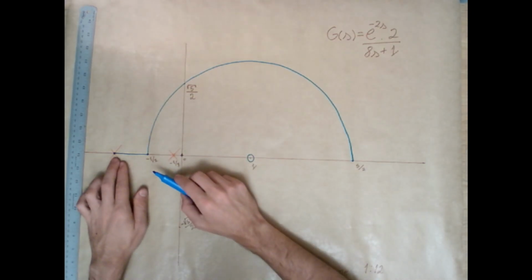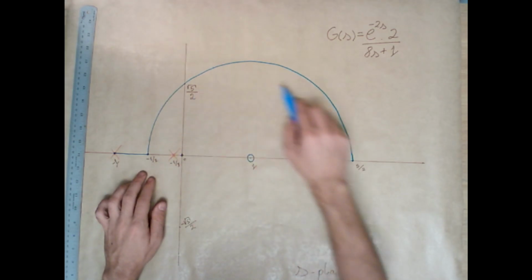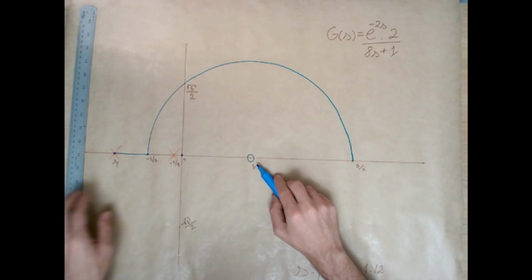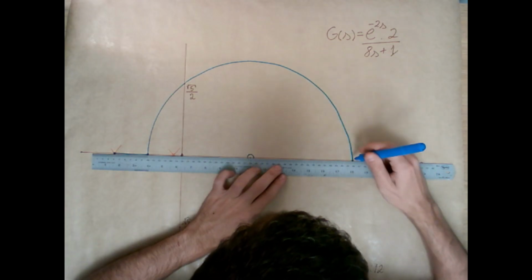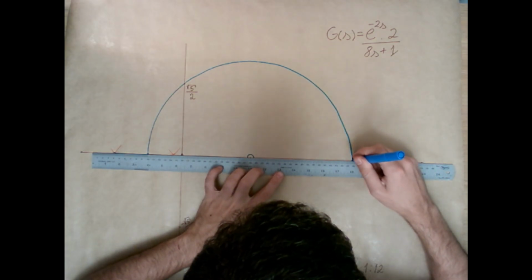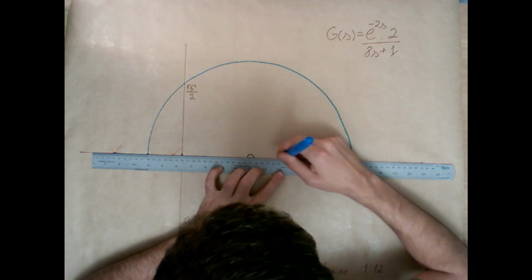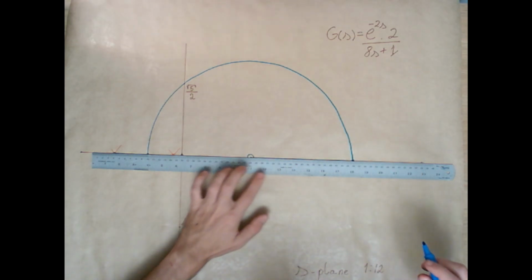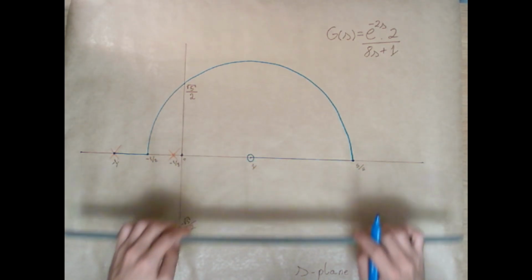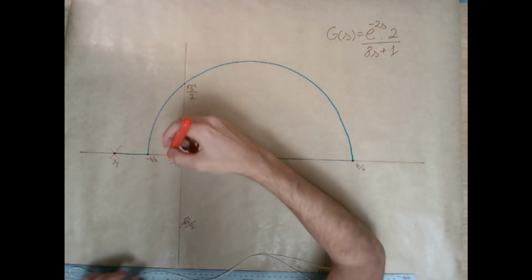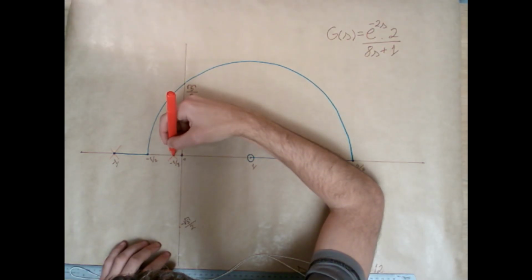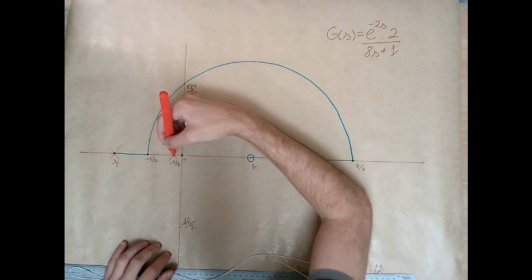Since this branch started at the outermost pole, it's gonna move in towards the innermost zero. So now for the other branch. It moves out towards the other pole.